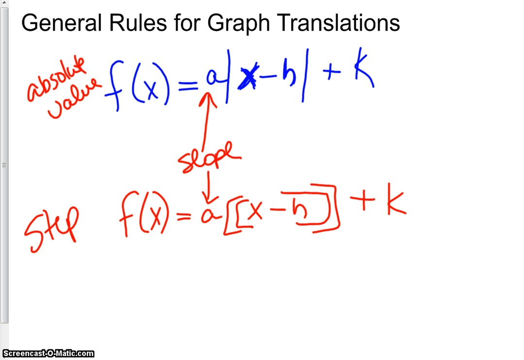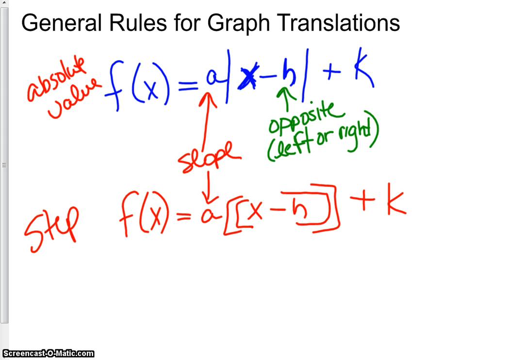So the h, this is the left or right translation right here. This tells us how to move left or right. And remember, because it's inside the groupings, it's oppositeville. So technically, usually we'd say it goes to the right if it's positive. Here it goes to the left if it's positive, and to the right if it's negative.